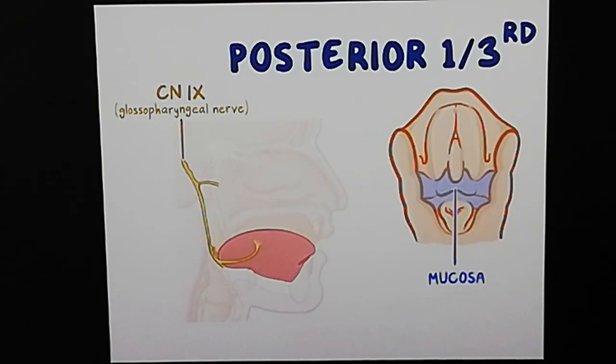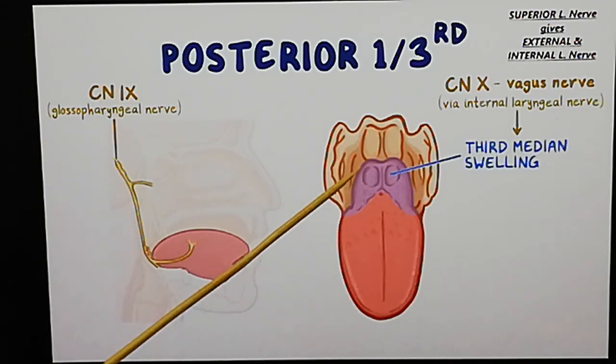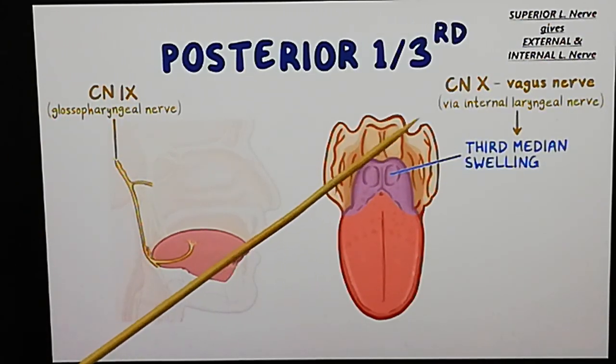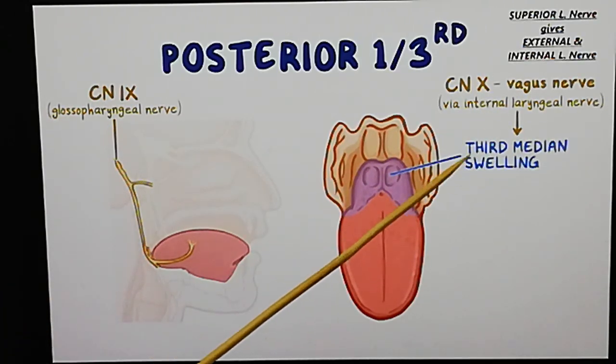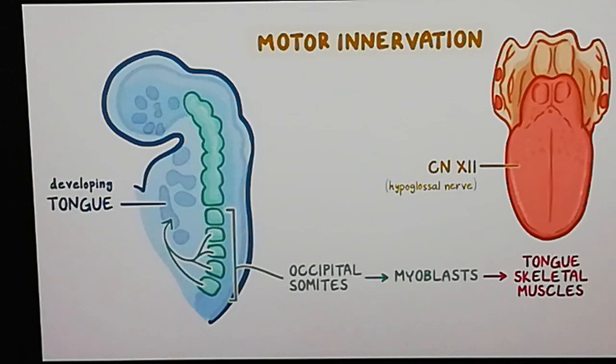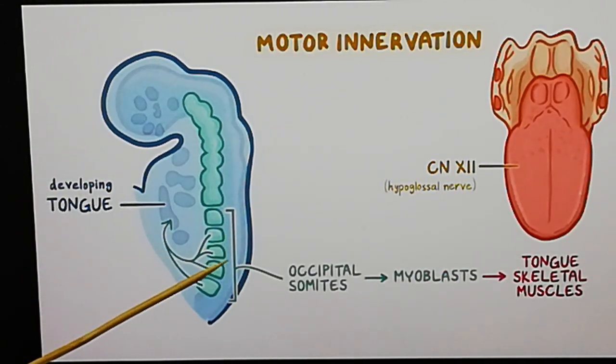Okay, now see. The posterior most part of the tongue is being supplied by the vagus nerve through the internal laryngeal nerve, right?